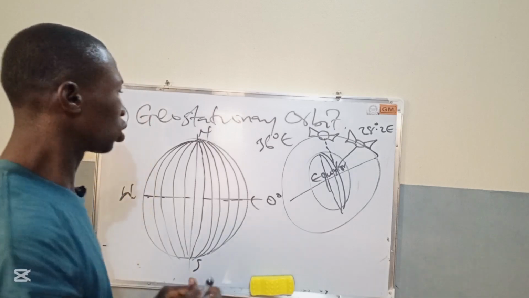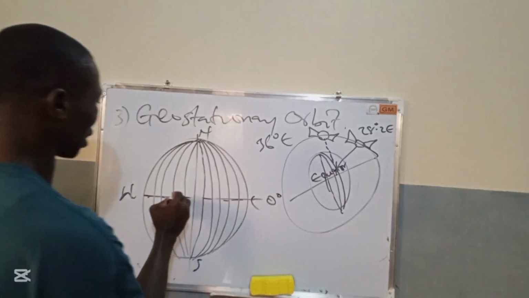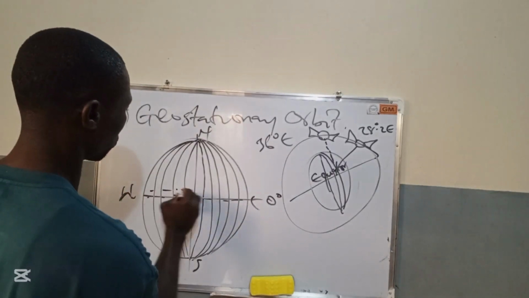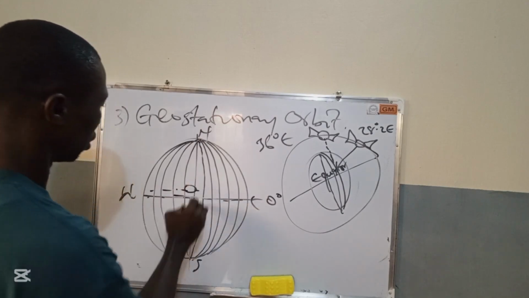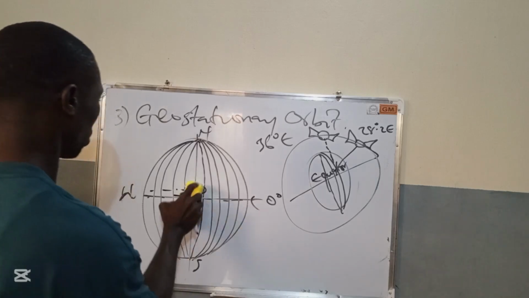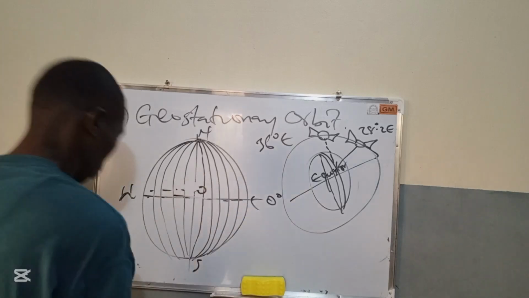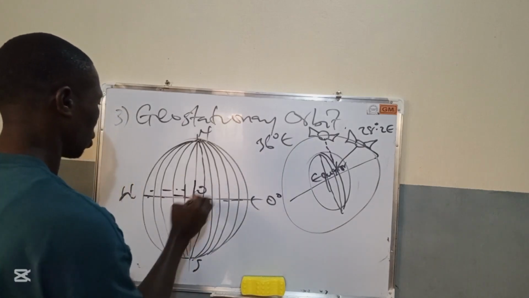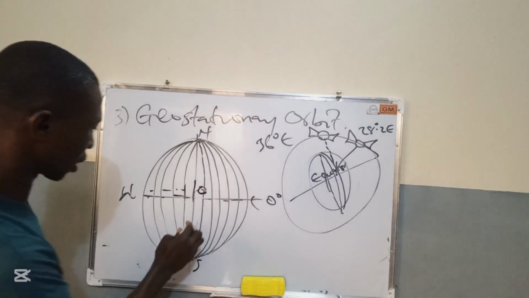So that is why, at different points on Earth, like this is Nigeria. Nigeria is somewhere here. And South Africa is somewhere here.